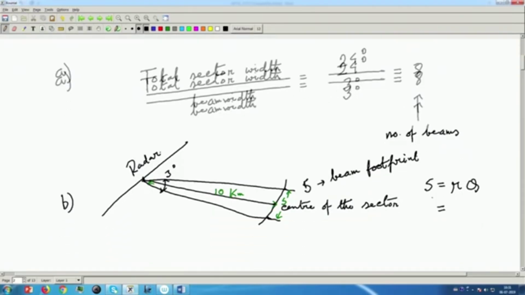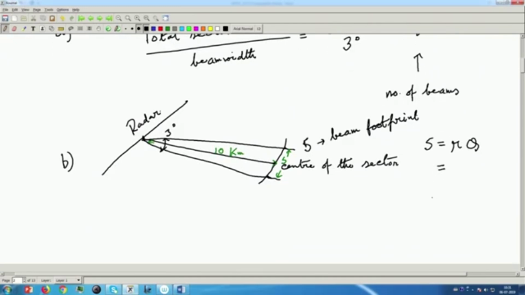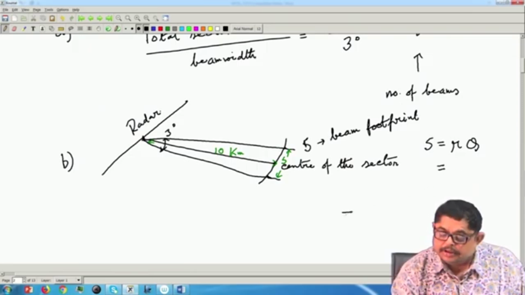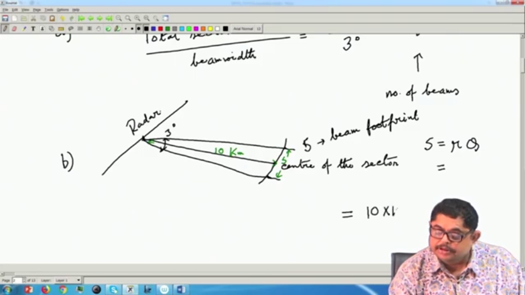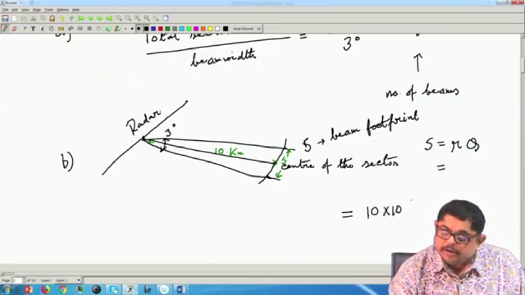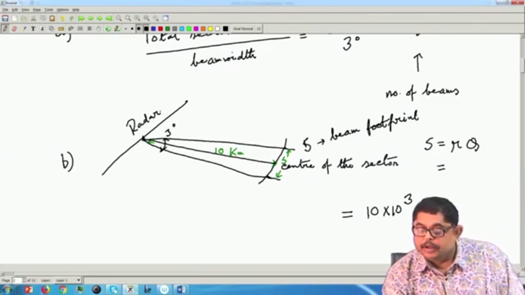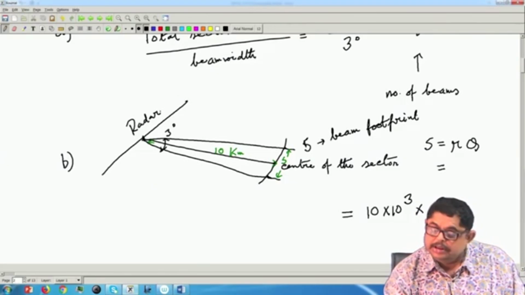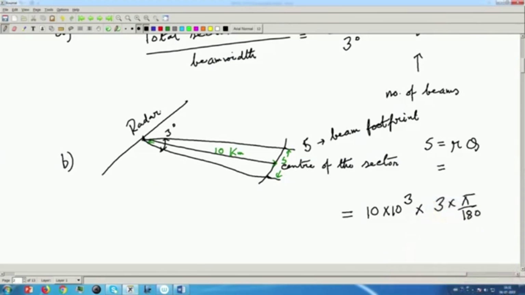Let me calculate: 10 kilometer, that means 10 to the power 3 meter, into 3 degree, so 3 into pi by 180, then it will be in radian. This gives me 523.6 meter. So, that means one beam's footprint is this.